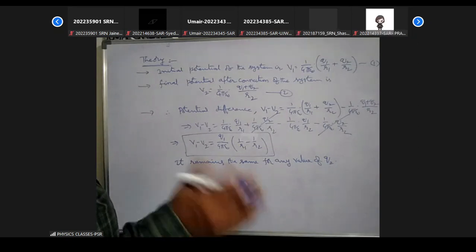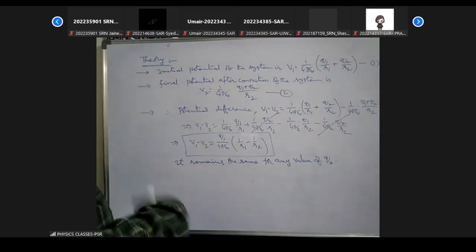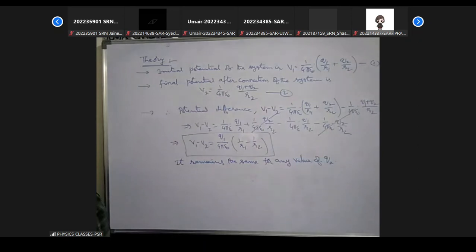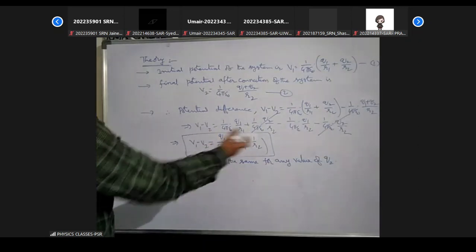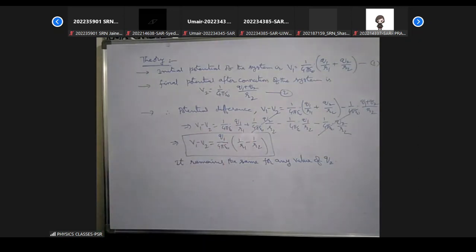If the inner shell and outer shell are connected, then the total charge on the inner shell flows onto the outer shell, so that the potential difference attained is like this.